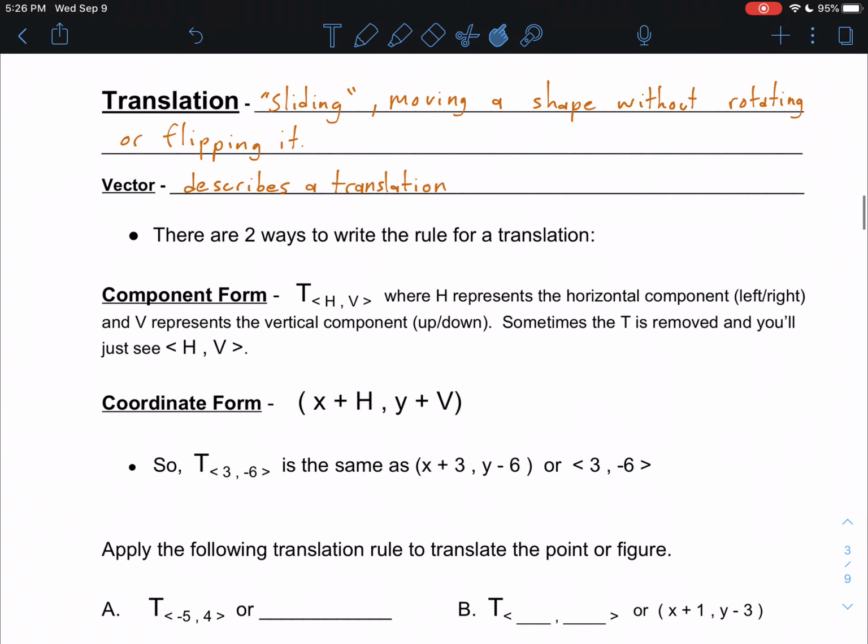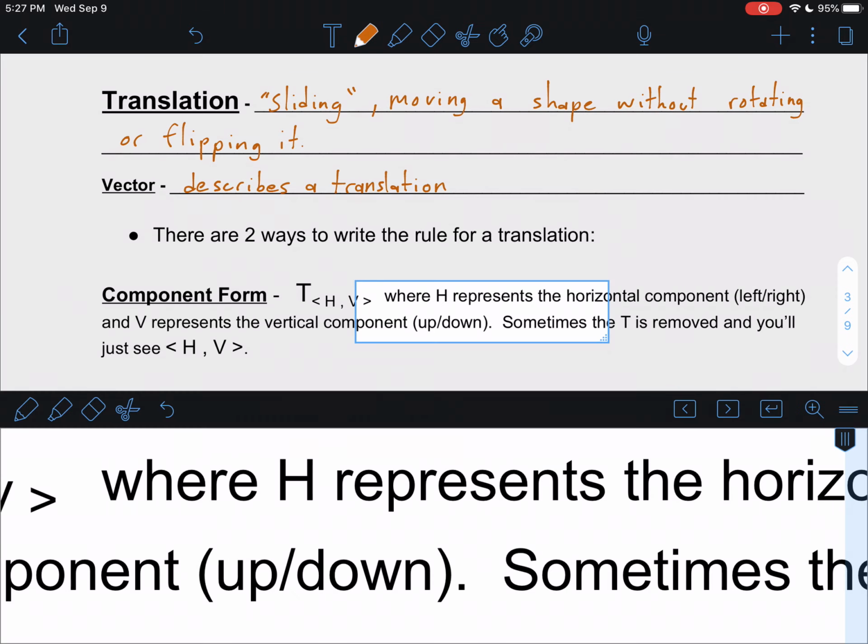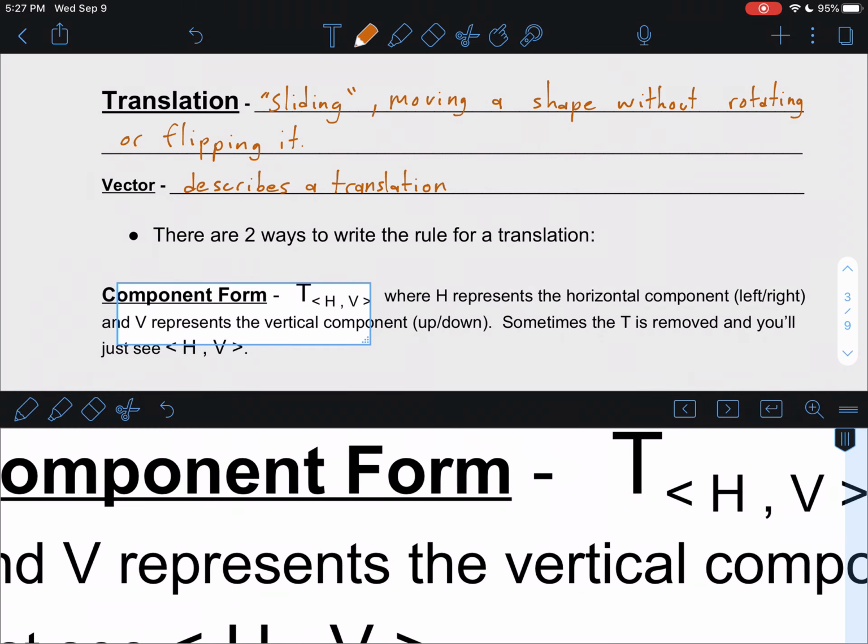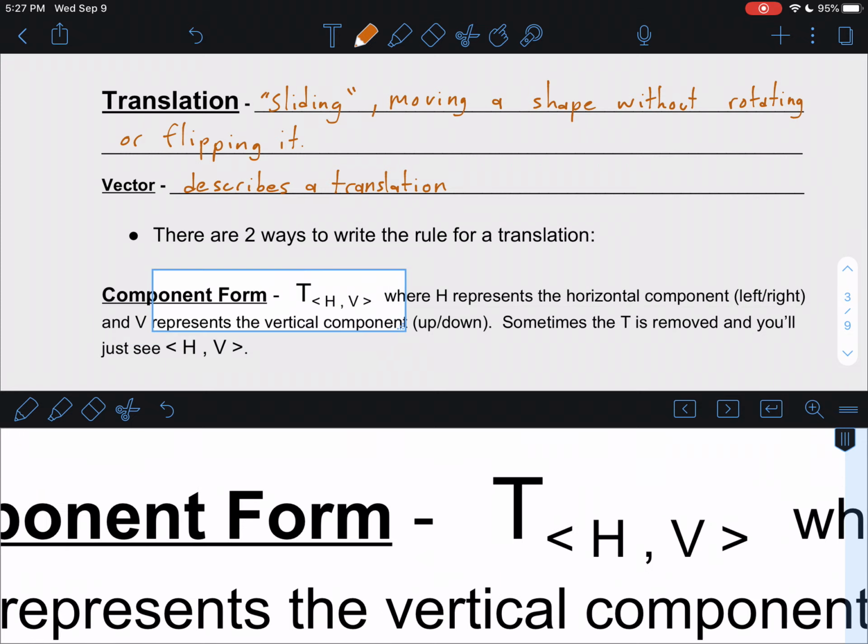So there are two ways we can write the rule for a translation. We can have this component form, which is the capital T, and then in the subscript we have brackets of some sort.